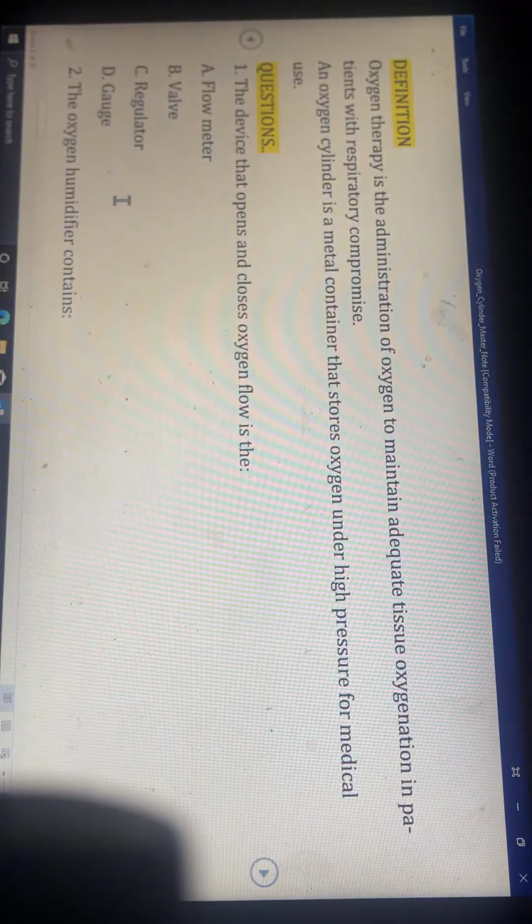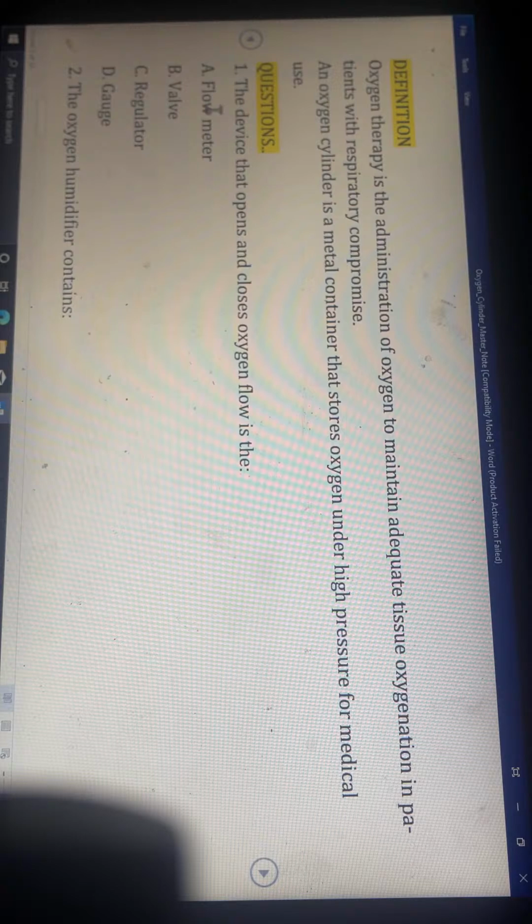So oxygen administration or oxygen therapy is the administration of oxygen to maintain adequate tissue oxygenation in patients with respiratory compromise. So these are not questions. The device that opens and closes oxygen flow is A, the flow meter, B, the valve, C, the regulator, D, the gauge.